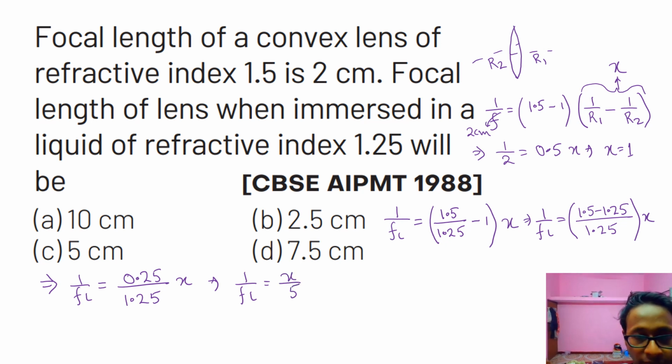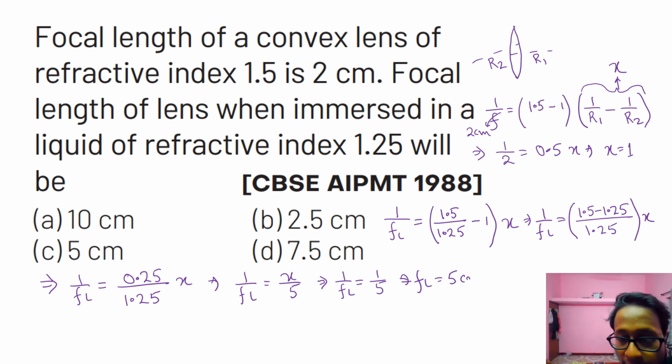What is the value of x? From the previous equation, it is 1. So 1 by FL is 1 by 5, or FL is equal to 5 centimeters. So our correct option is option number C.